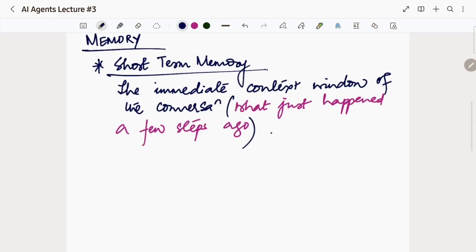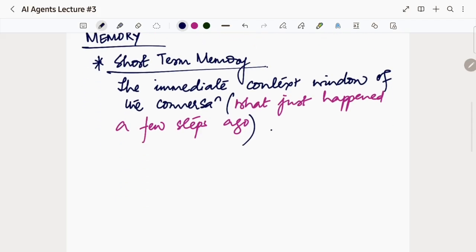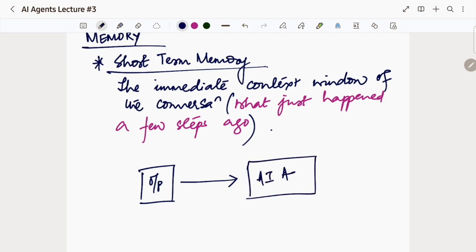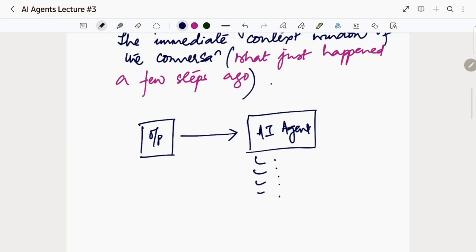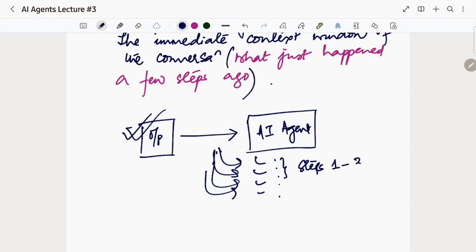Now, if you are working with an AI agent, that means you have a bigger goal that you need to finish. Let this be the actual outcome that we need from the AI agent. So stepwise I am feeding it to my AI agent, all the steps 1, 2, 3, 4, and so on. Of course this is a bigger task, so stepwise we are trying to complete it.